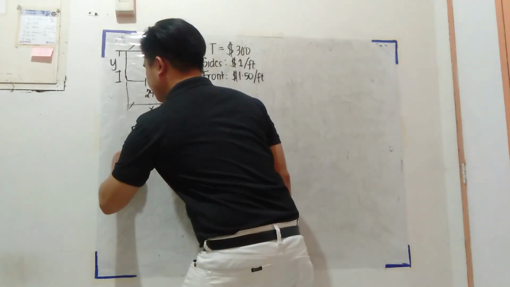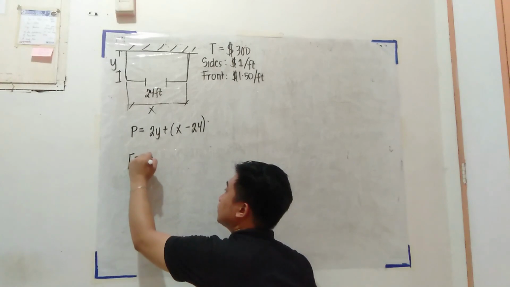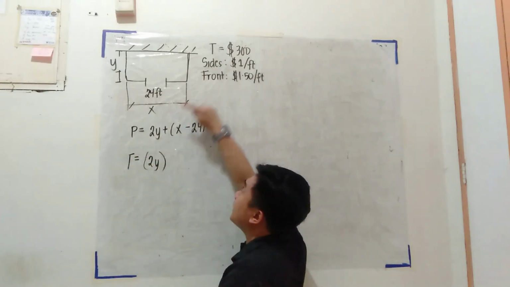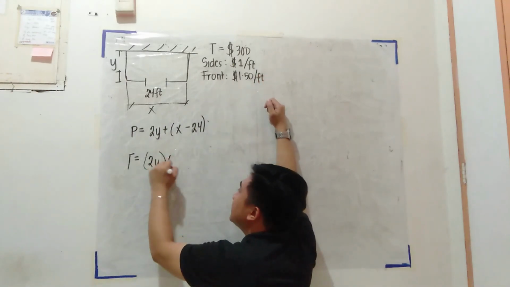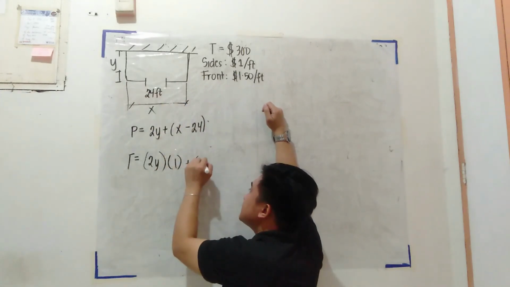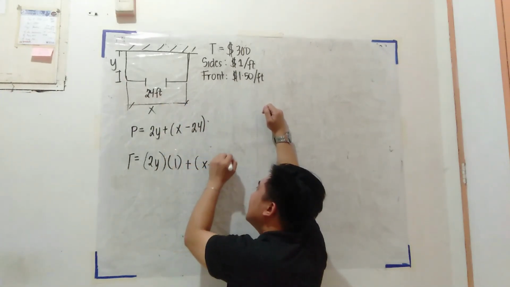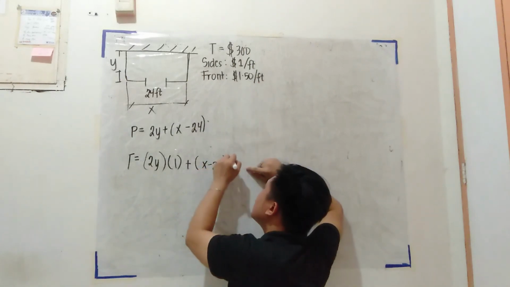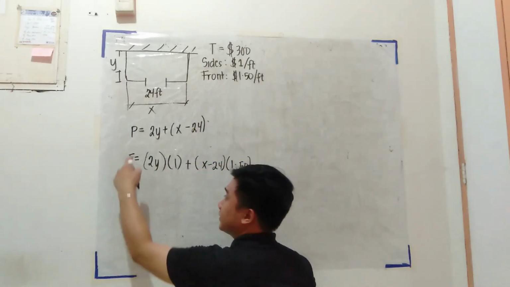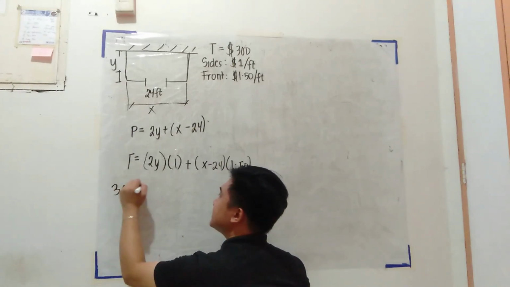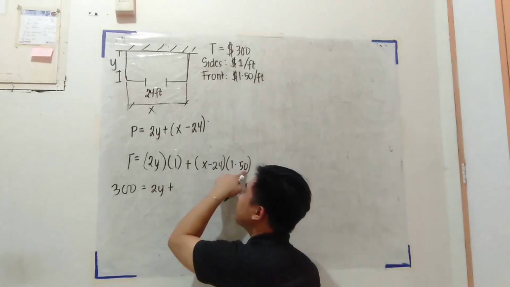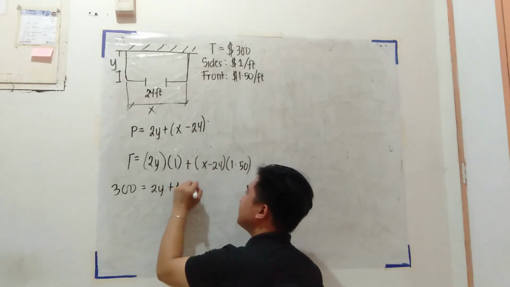So, yung total cost is equal to 2y times presyo kapag ang babakuran mo ay yung tabihan, which is $1, plus yung harapan natin, which is x minus 24 yung haba, na ang presyo ng pambakod is 1.50. Okay? So, total is $300, equal to 2y times 1 plus 1.50 times x minus 24.